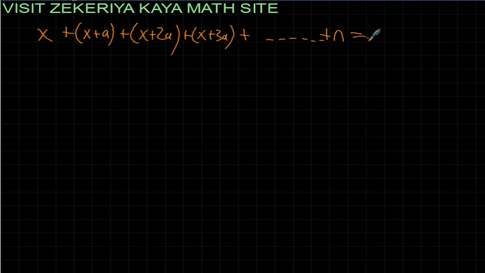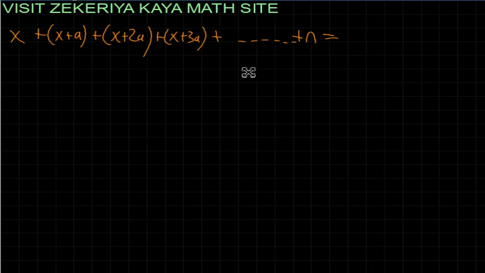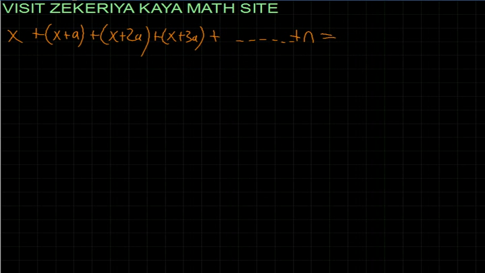To find this sum easily, let's move it a bit left because I will need a place in here. So firstly we make last plus first. We always write n minus a, n minus 2a, n minus 3a, to find the previous one.